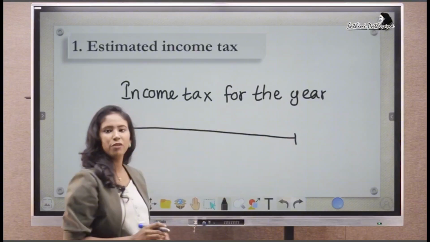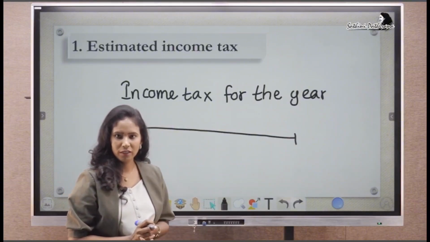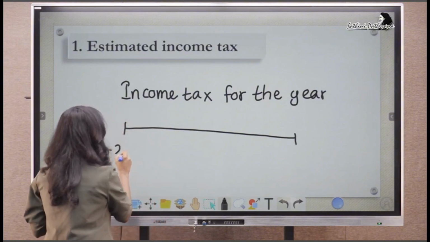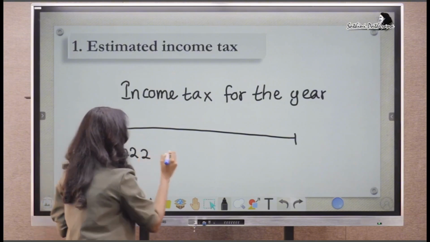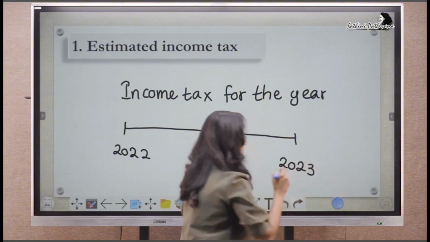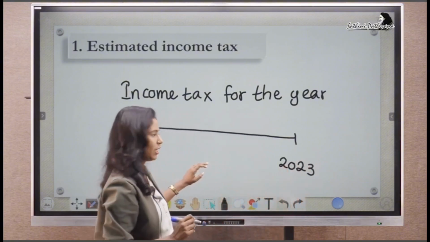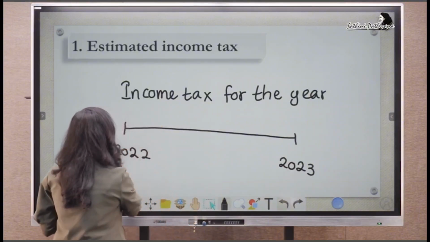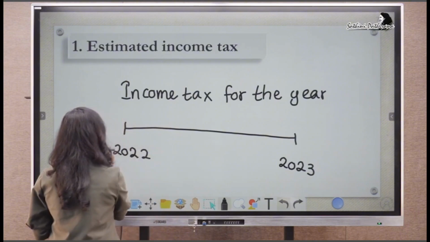We'll assume, children, that you are doing your exam in 2023, so you are getting your question for 2022 to 2023. This is how we calculate the accounting year, if not the financial year, for a public limited company. It always starts on 1st April.